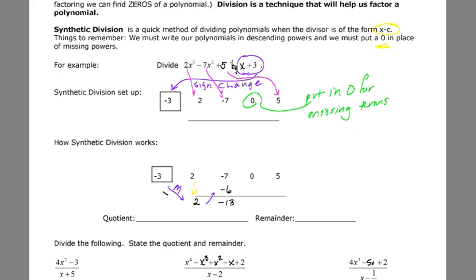We multiply the -3 times the -13, another multiplication, put that answer above the line. So -3 times a -13 would be a positive 39. Add that to 0, and 39 comes down.